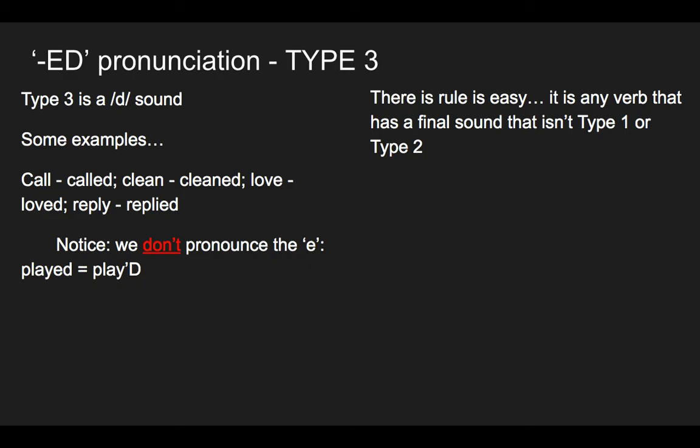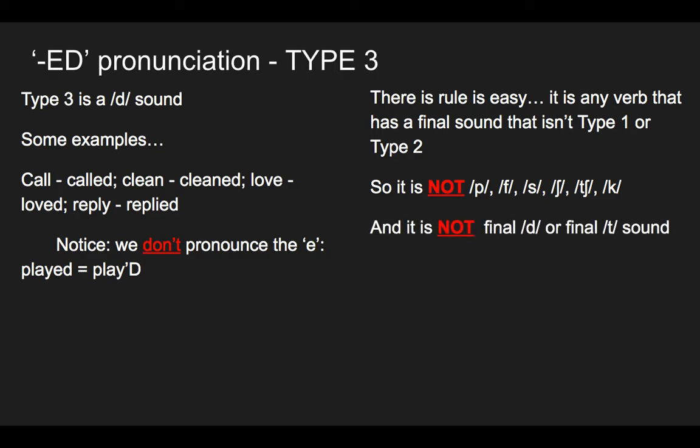Again, the rule is easy. It is any verb that has a final sound that isn't type 1, so it isn't p, f, s, sh, ch, or k, and it isn't type 2 with t or d.